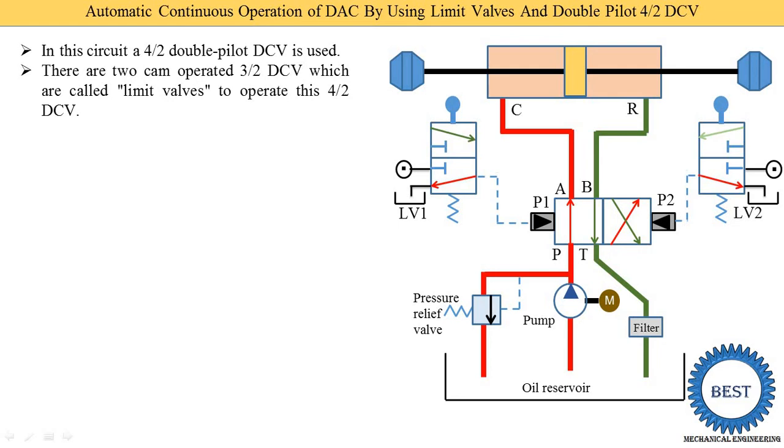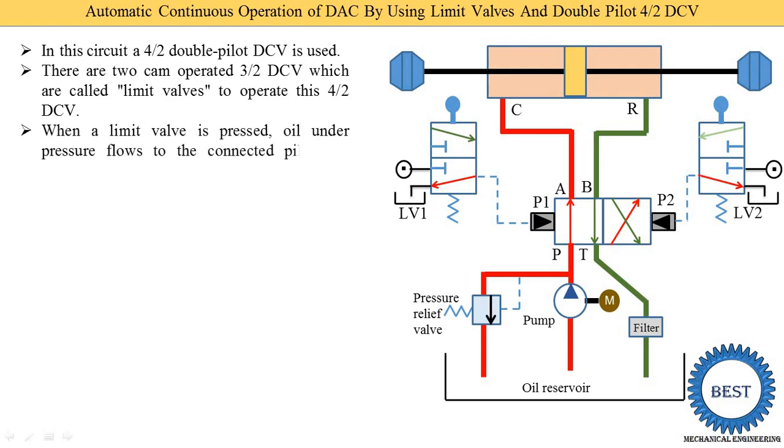So this is the complete diagram for the automatic continuous operation by using limit valves. When the limit valve is pressed, meaning the cam fitted on this rod comes into contact with this cam operated limit valve, oil under pressure flows to the connected pilot, and hence the spool of the 4x2 DCV is shifted to the other position.